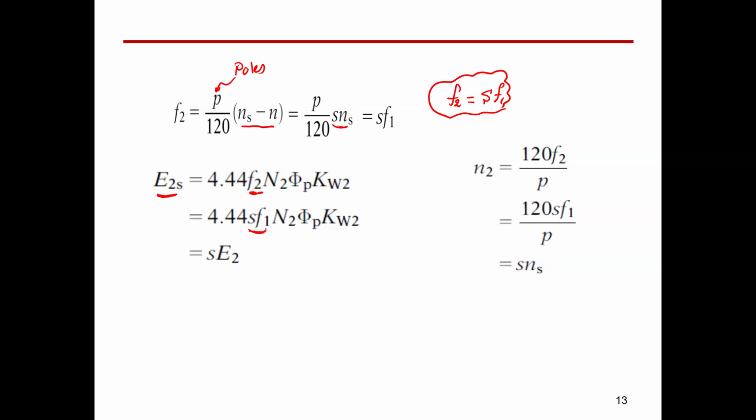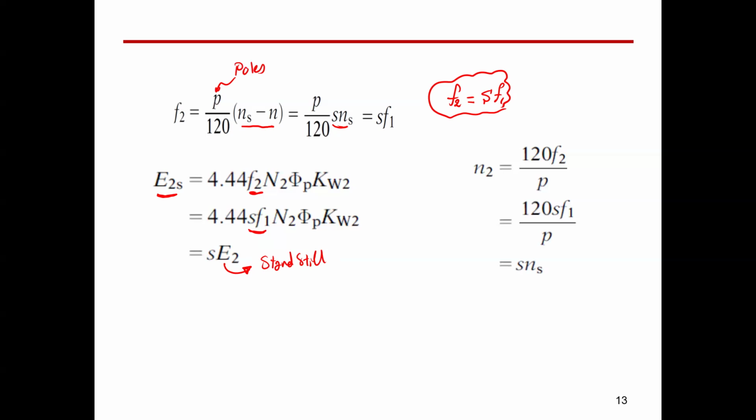So we can relate E2S, the induced volt during motion, which equals S times E2, which is the induced volt during standstill. It's like a transformer, guys. Okay, so this is the relation between the induced volt during motion and standstill.